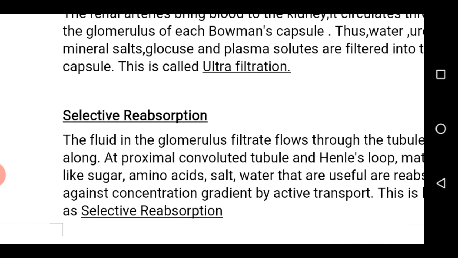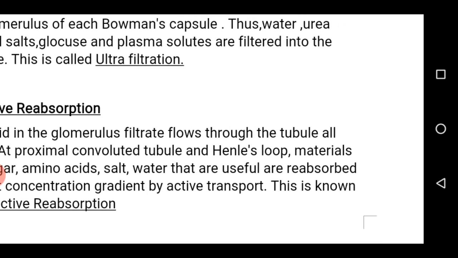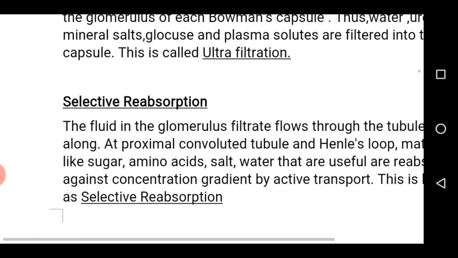Materials like sugar, amino acid, salt, water that are still useful to the body are reabsorbed against the concentration gradient by active transport, that is, it gains the difference between the concentration of material in the blood as well as that of the tubule through active transport.